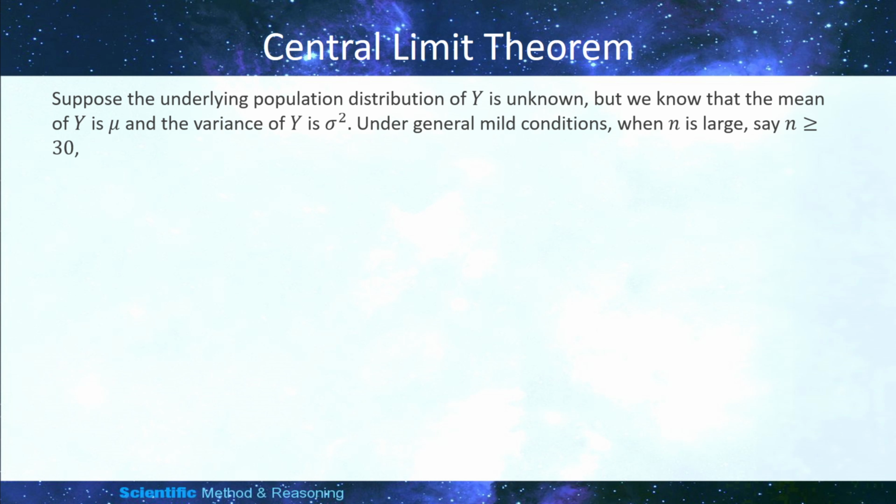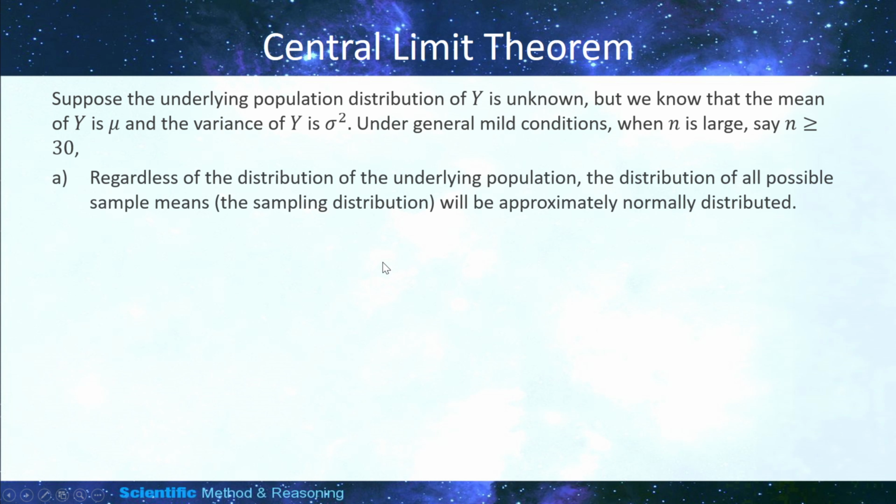Okay? Now, the central limit theorem simply states that suppose the underlying population distribution of the random variable y is unknown, but we know that the mean of y is mu and the variance of y is sigma squared. So under general mild conditions, when the sample size is large, say n greater than or equal to 30, regardless of the distribution of the underlying population, it does not really matter what the underlying population is, the distribution of all possible sample means will be approximately normally distributed.